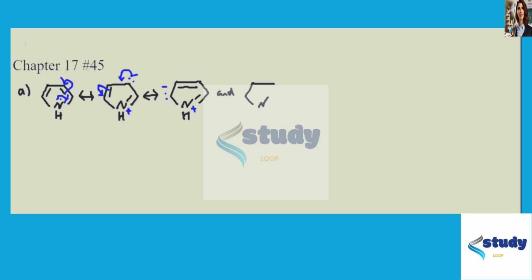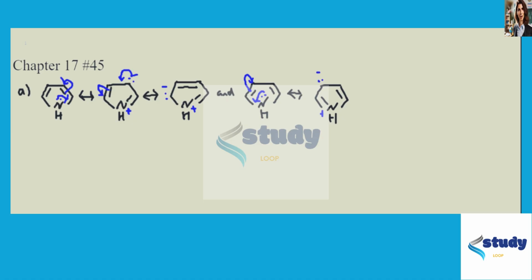And then we can draw another set. So here's pyrrole again. And we can do the exact same thing, just moving the other way, like this, to get to here. So lone pair, negative charge here.